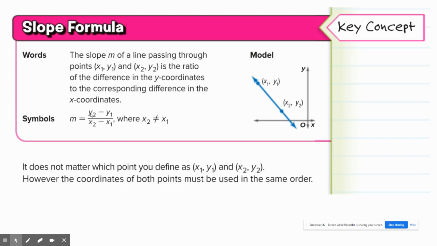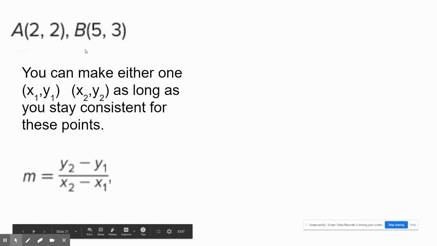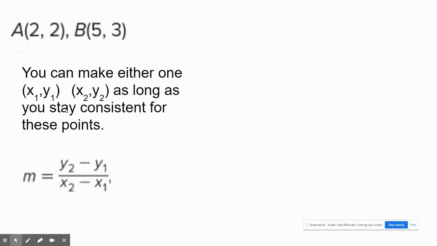So this is y2 minus y1 over x2 minus x1. Notice the consistency. Y is on top, x is on bottom. This is nothing more than the change of y over the change of x, which we just did. Let's see how it works. You can make either one x1, y1, x2, y2, as long as you stay consistent for these points. M equals y2 minus y1 over x2 minus x1.